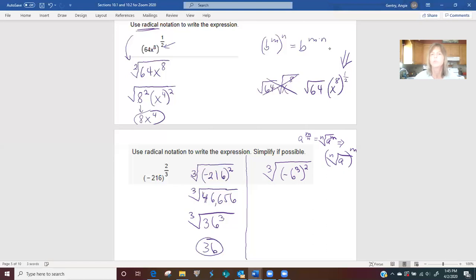This looks confusing, but really what you need to know is this m here can be inside or outside, and sometimes it helps you to move it to the outside. You can also switch them: a to the m to the n is the same thing as a to the n to the m because of that commutative property of multiplication, you see?